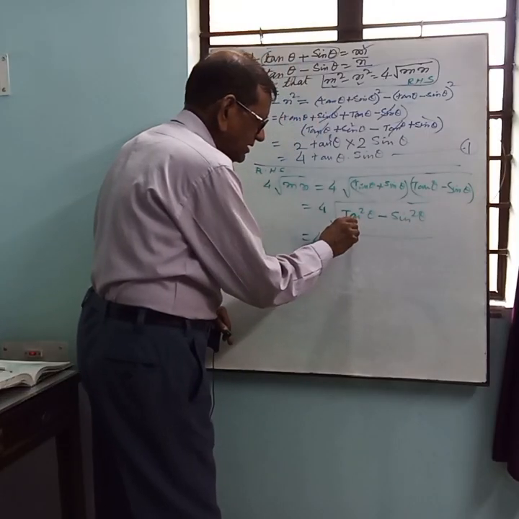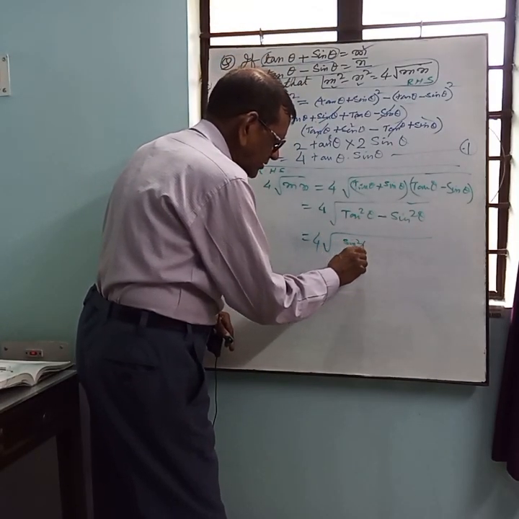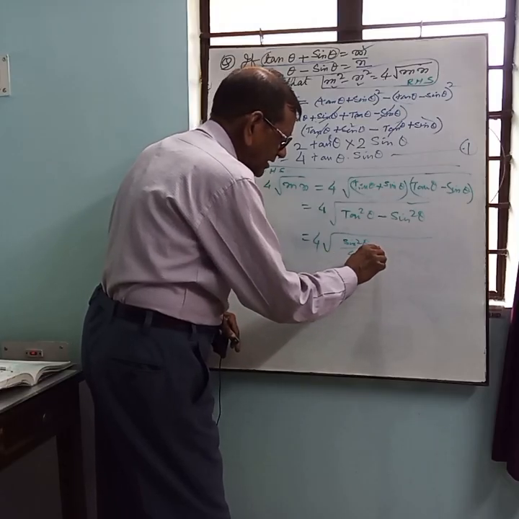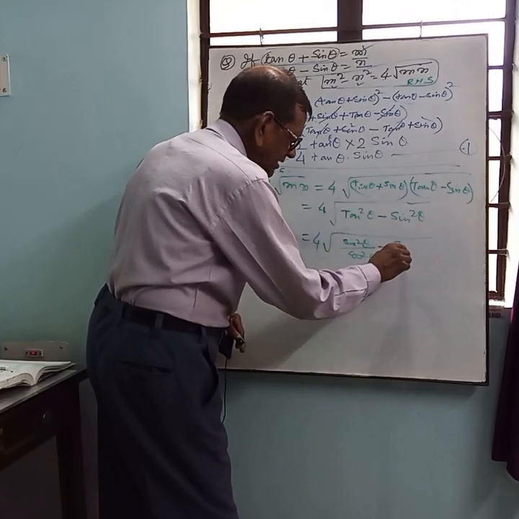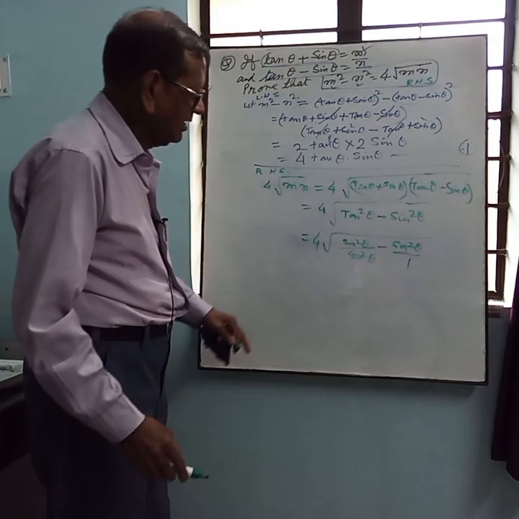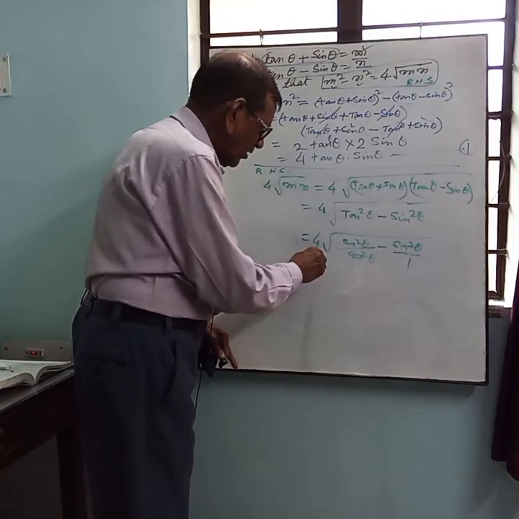Change this tan square theta into sin square theta by cos square theta minus sin square theta by 1. Okay. Now sin square theta take common.